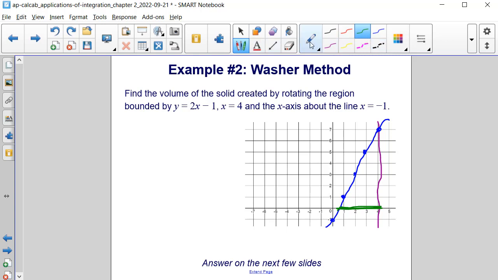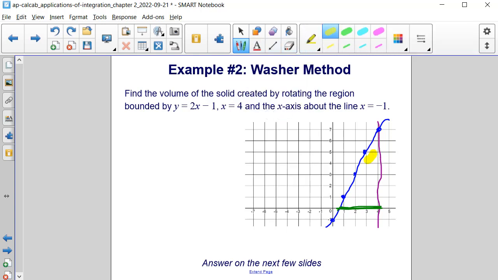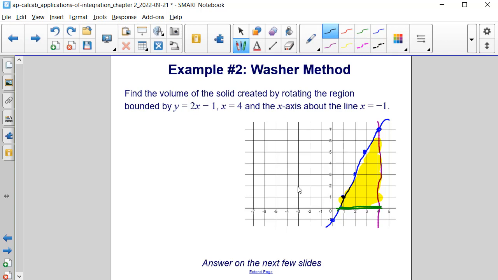So we're going to end up taking this region that we have right here and we are going to rotate this about the line x equals negative 1.